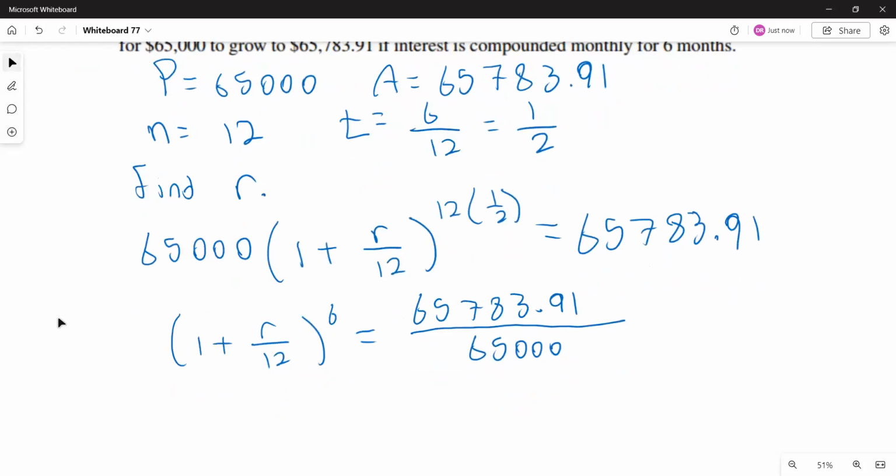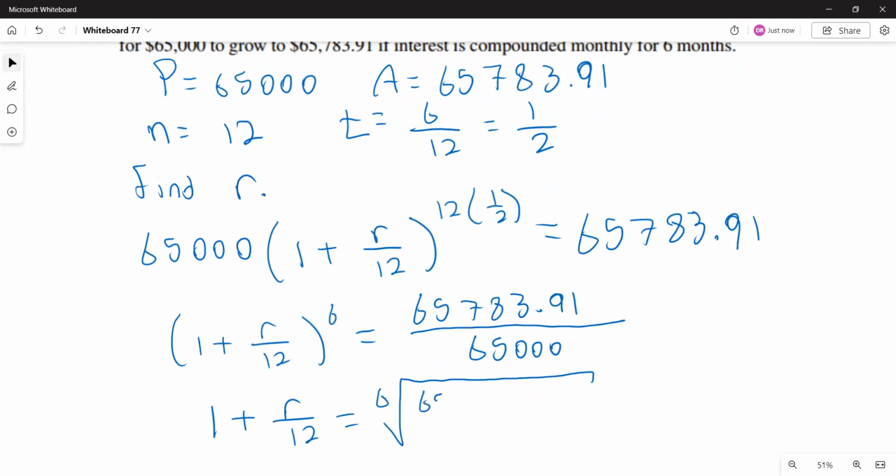Next, we're going to take the 6th root. If 1 plus r over 12 raised to the 6th power is this quotient, then 1 plus r over 12 is going to be the 6th root. Technically, we should have plus or minus, but we know that the answer must be positive.